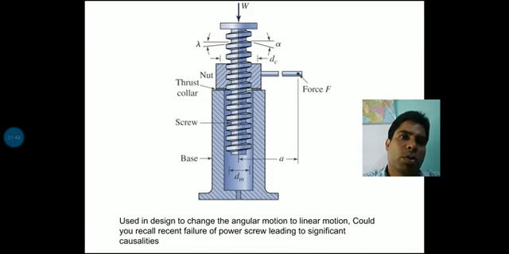To lift, the body weight of the vehicle acts in the downward direction, which is why the total load is applied downward. This figure changes angular motion into linear motion, and the total mechanism is already explained.